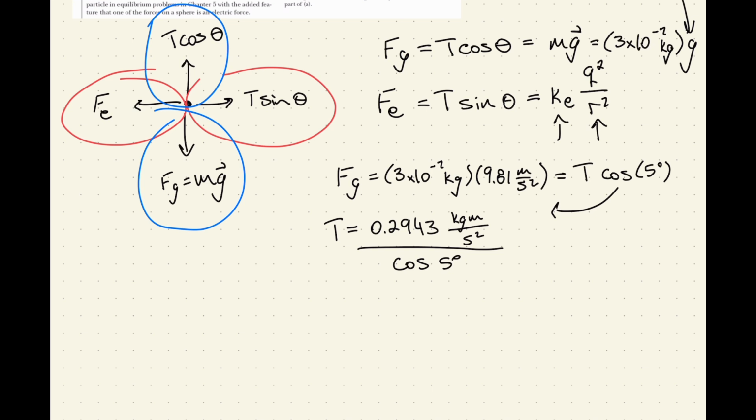It is 0.99619. Whatever. Let's calculate that. 0.2943 divided by 0.99619. Basically the same number because we're dividing by something very close to 1. 0.2954.